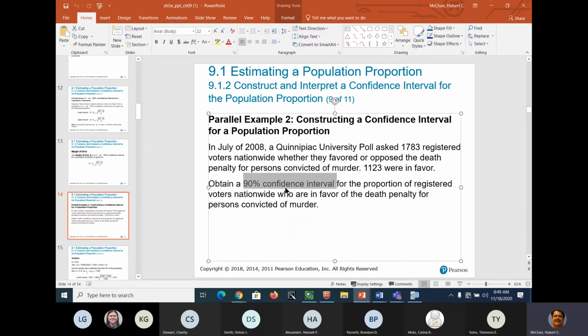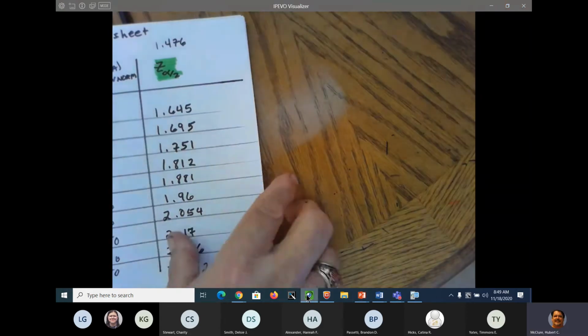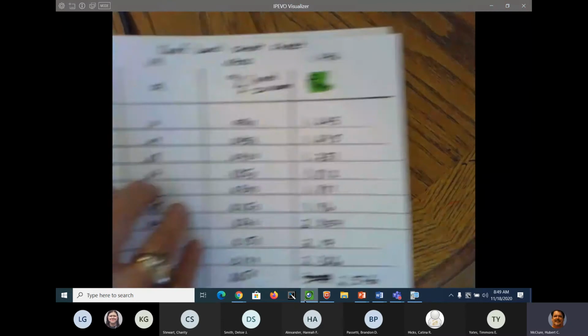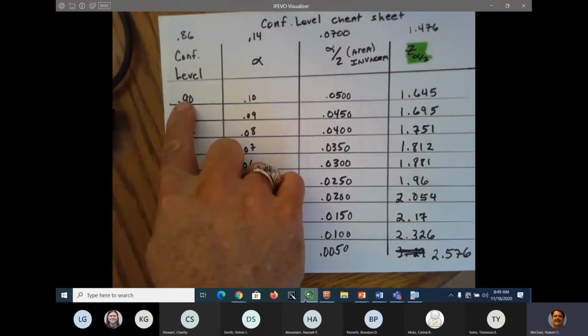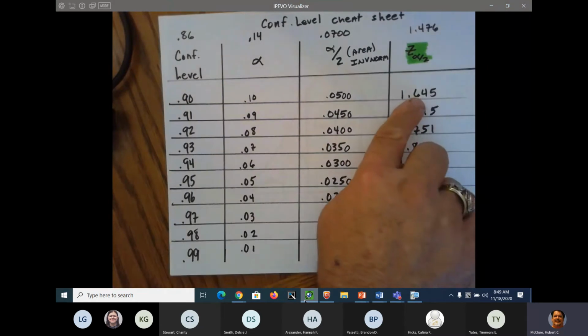When you highlight that, then I want you to go to your index card and highlight that 90 right here. Sorry. That 90 right there. Because that 90% confidence level refers to this z-score right here.